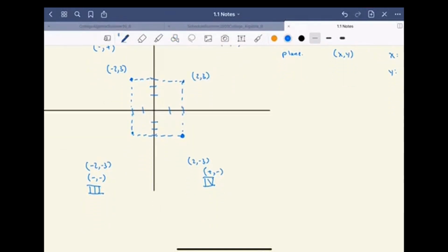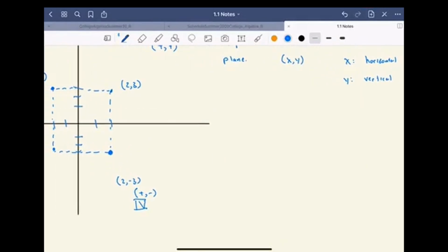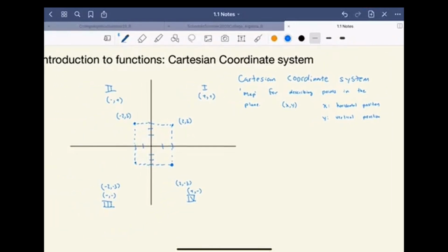All right. Next thing we're going to talk about is the distance formula. Okay, but before we do that, we're going to talk about the Pythagorean theorem because that's all the distance formula is.